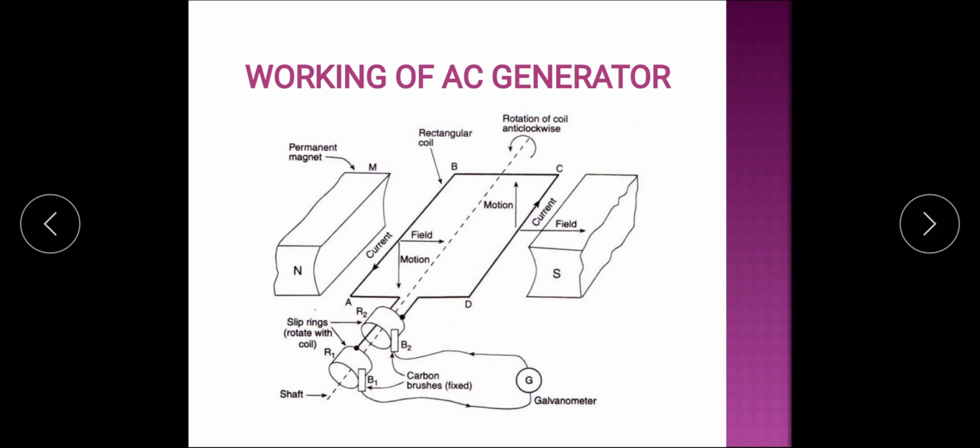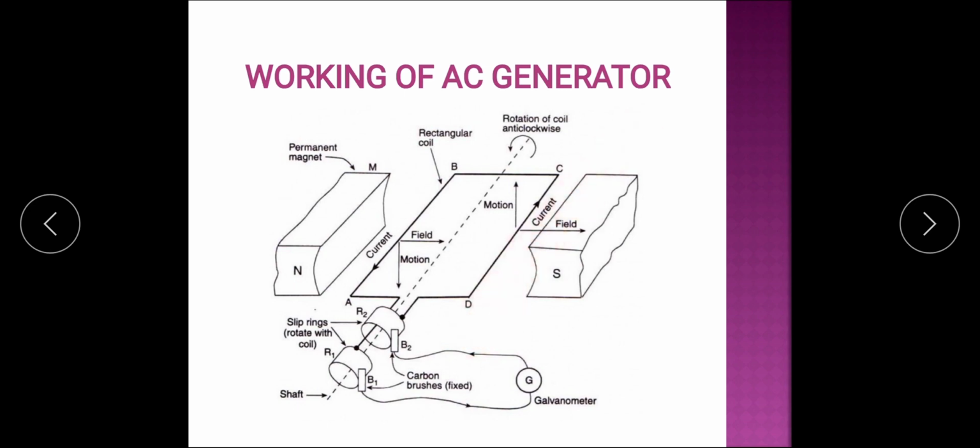Since the direction of force is reversed, the current which was earlier induced in arm BA from B to A will now be induced in the direction A to B. And arm CD, which was pushed upwards earlier, is now pushed downwards, so the direction of current which was earlier from D to C is now from C to D.